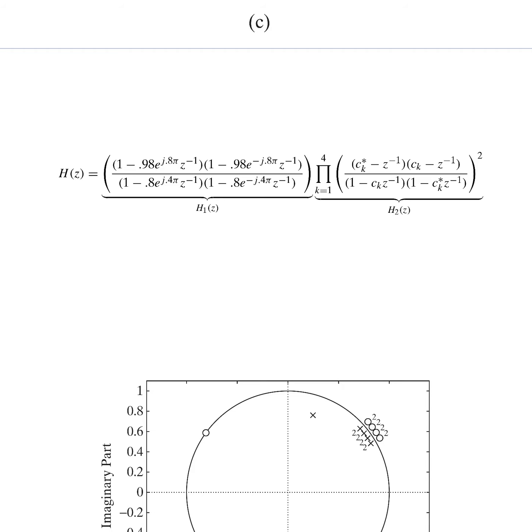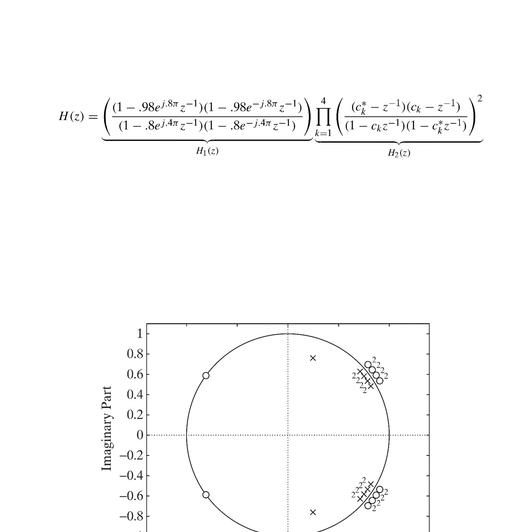Since it is a multiplication of the numerator polynomials and the denominator polynomials, the poles and zeros you can compute straightforwardly. But still, first of all we shall see why we have denoted this complete transfer function H of z as H1 of z and H2 of z, and what is contributed by these two transfer functions.